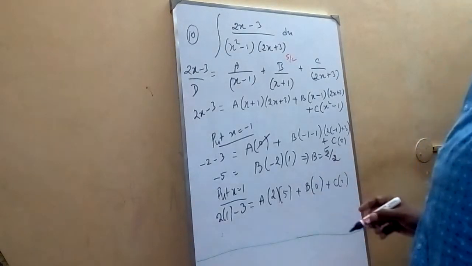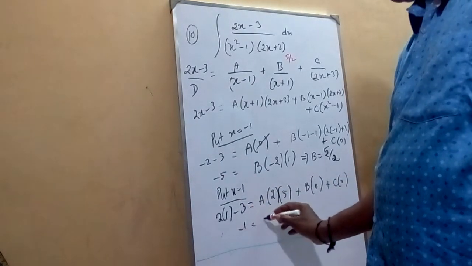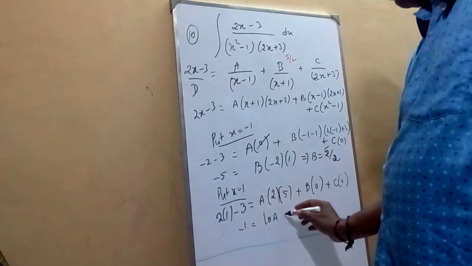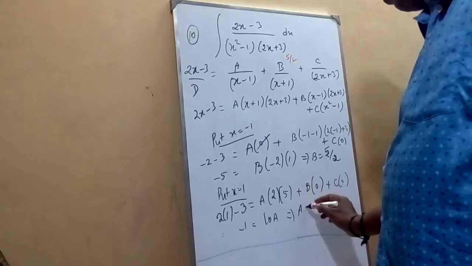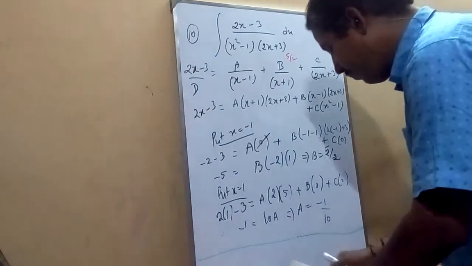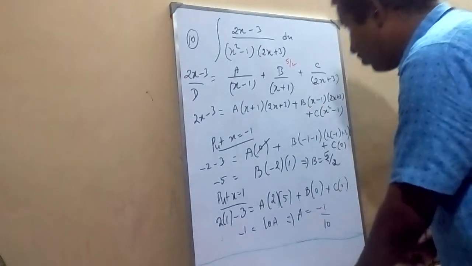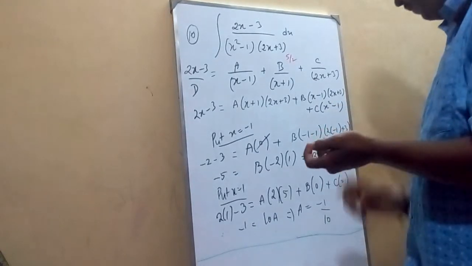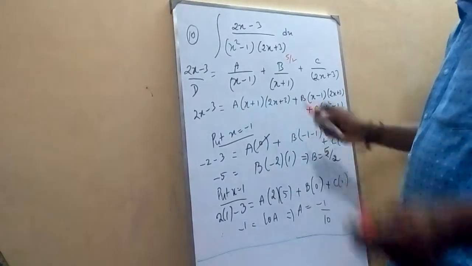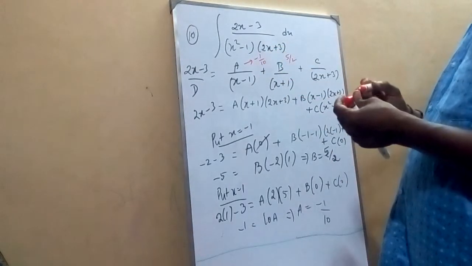So you get 2 minus 3 is minus 1, here 10A. Therefore A is equal to minus 1 by 10. So that is also correct. Minus 1 by 10.